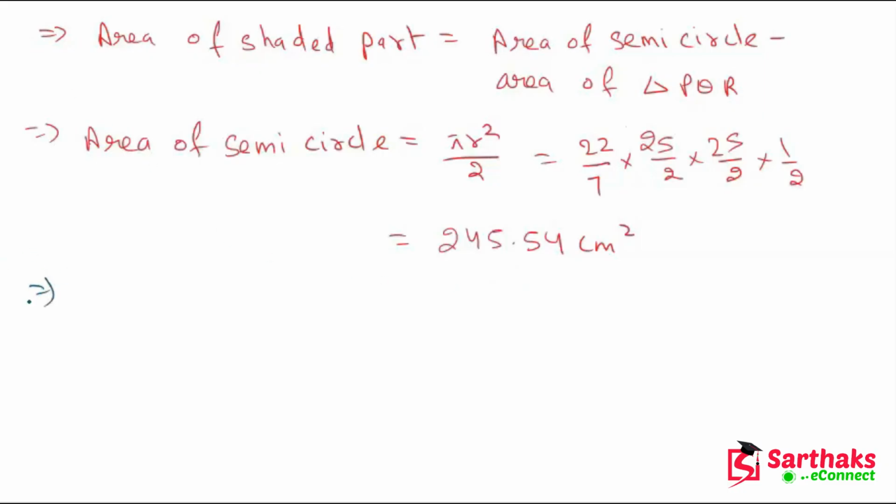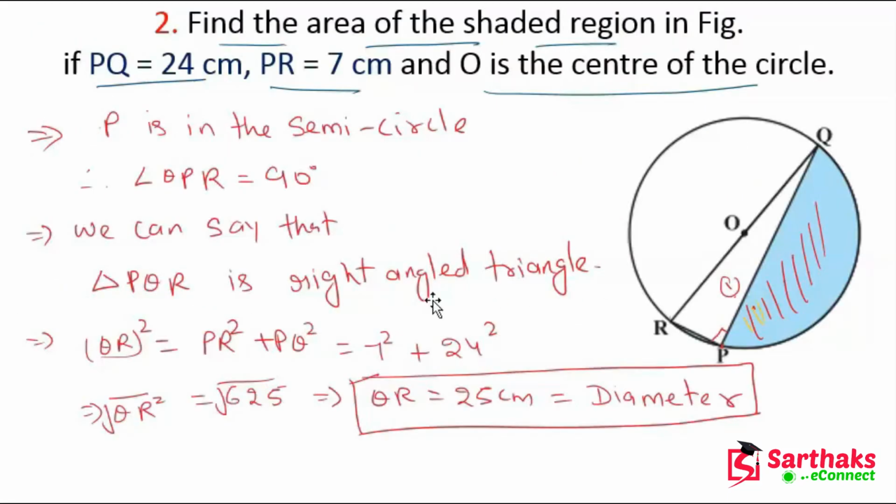Okay, now let's find the area of triangle PQR. We know the area of triangle PQR is half into base into height. What is the base? If we observe this figure, the base is PQ and the height is PR. So we have PQ, which is 24, and PR, which is 7.